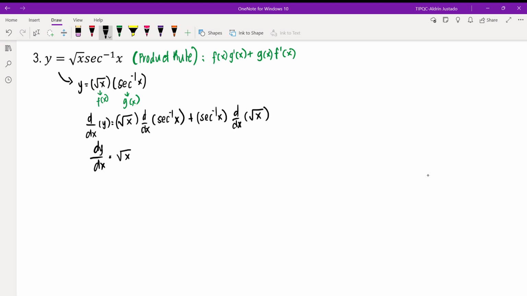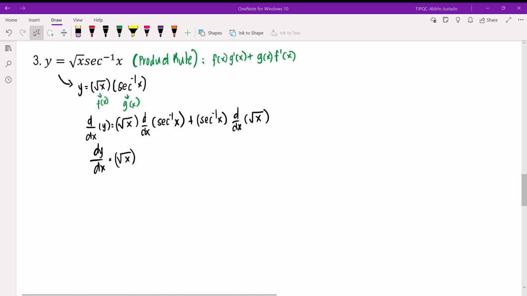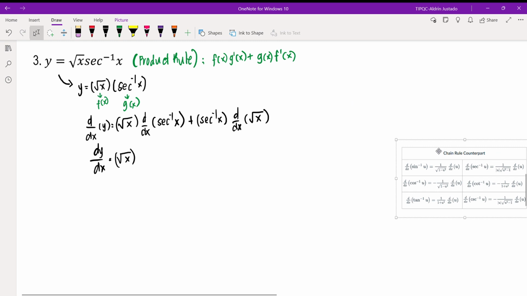dy over dx is equal to square root of x times the derivative of arc secant. The derivative of arc secant of x is, punta tayo dun sa table natin again. Let's copy our table na lang. This is under the chain rule counterpart.